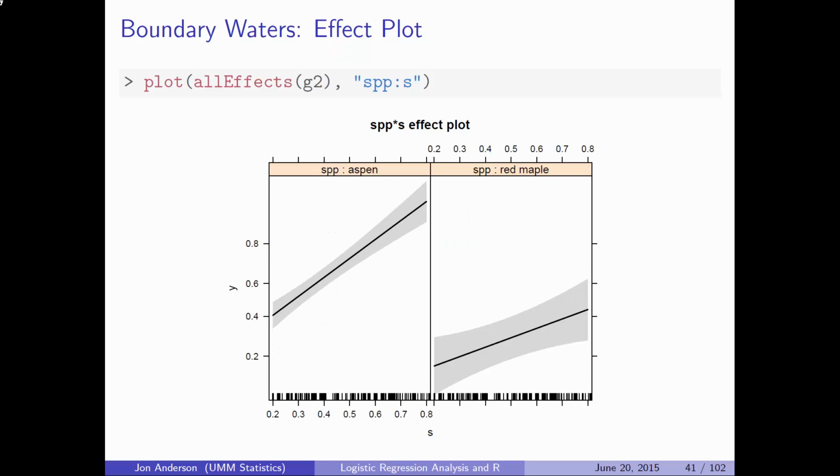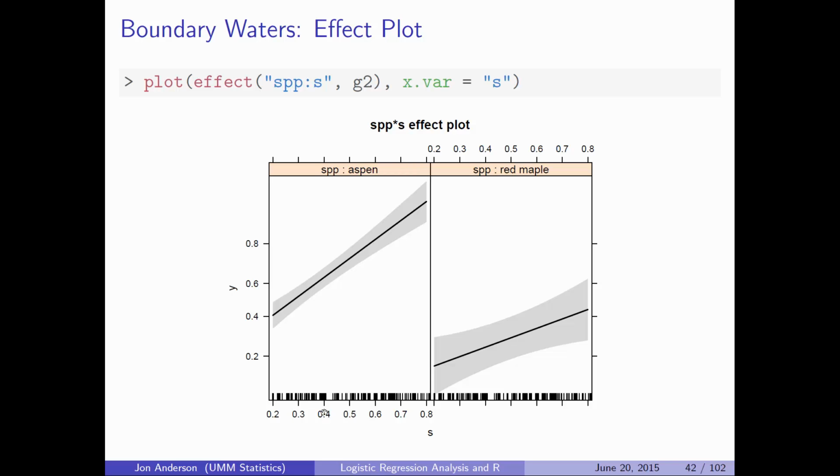Here is a slightly different command that will let you focus just on the interacting effect between species and severity. On the next page, you can see that same plot, specified in a more coherent way of what effect you want to describe and how you want it described.